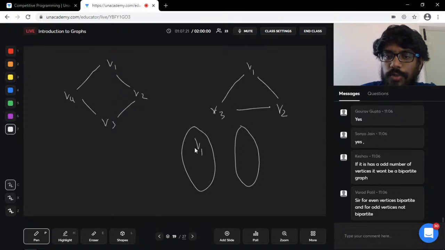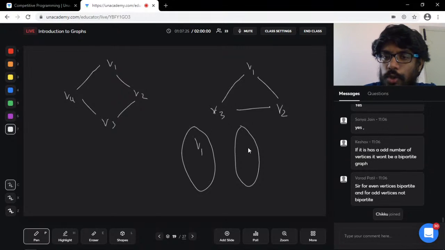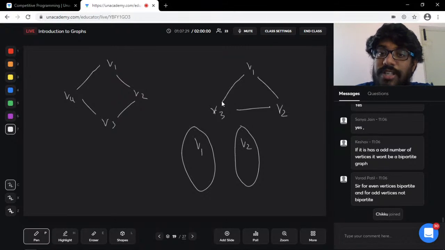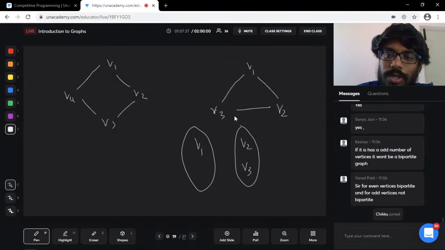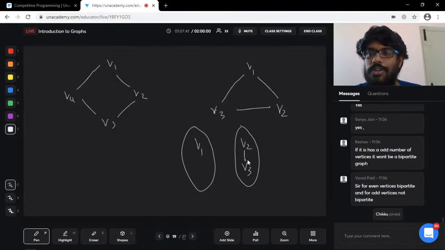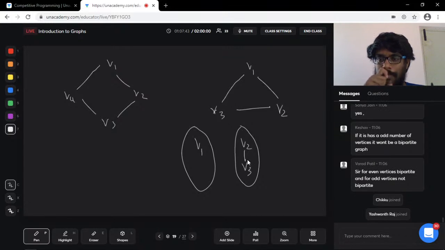If V1 is here, because V1, V2 is an edge, V2 can't be here, so V2 should be on this side. So let's put V2 here. Similarly, V1, V3 is an edge, so V3 can't be on this side. So V3 also should be on the right hand side. So let's put V3 also here. But now V2 and V3 have an edge between them. So we get a contradiction, no? So this is not a bipartite graph.